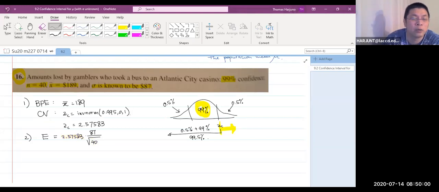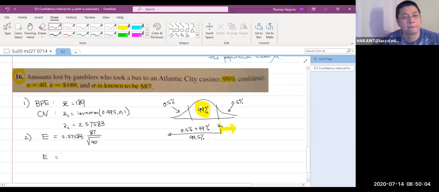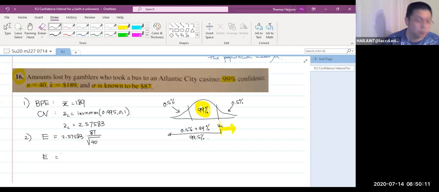Then when we compute 2.57583 times 87 divided by the square root of 40, I get 35.43288.